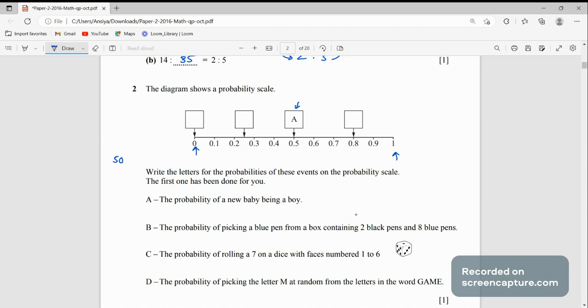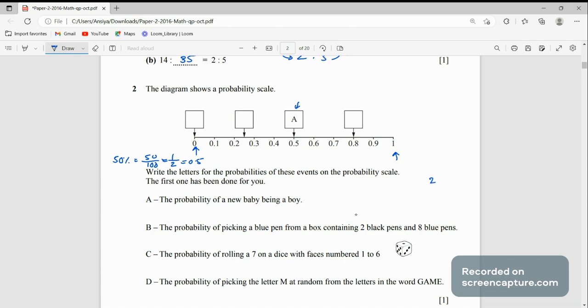We know 50% means 50 by 100. This means 1 by 2. That means 0.5, right? So 50% means half, 0.5. Now B. The probability of picking a blue pen from a box containing 2 black pens and 8 blue pens.